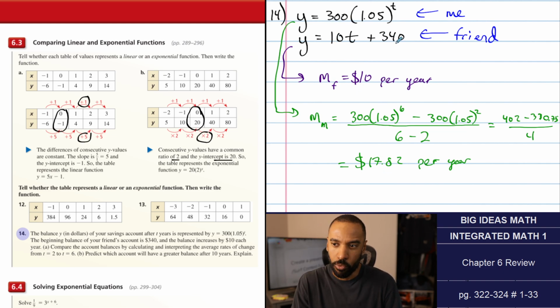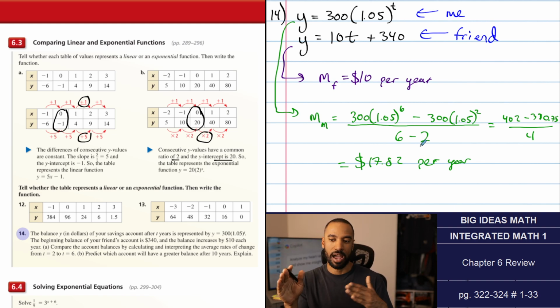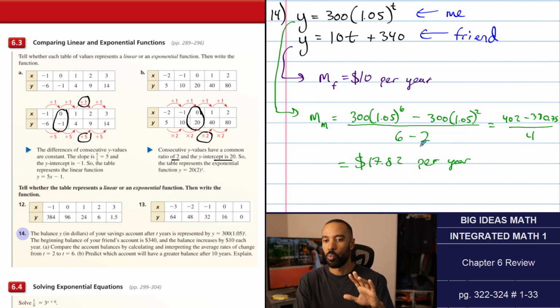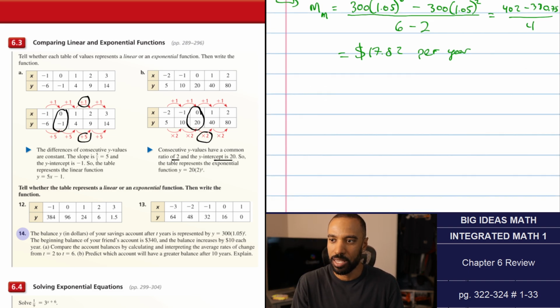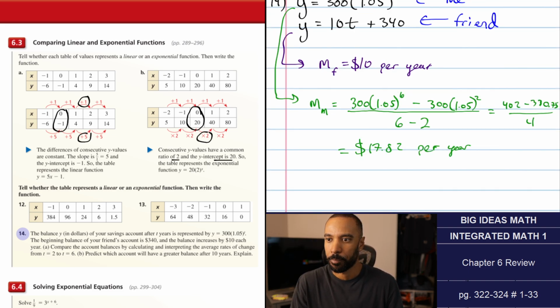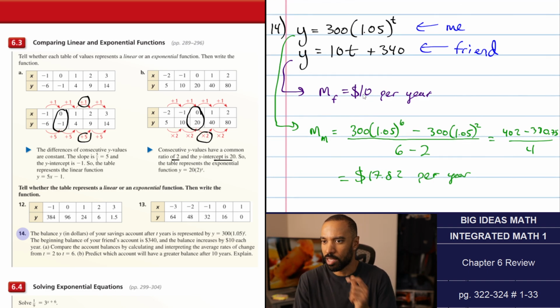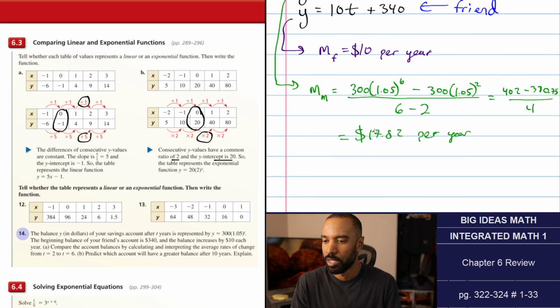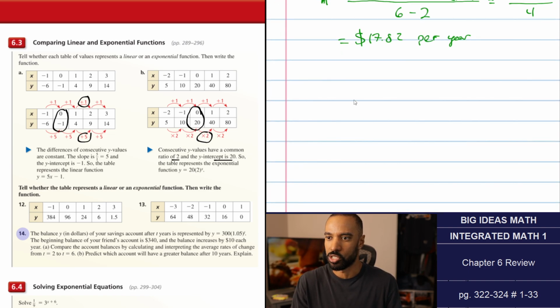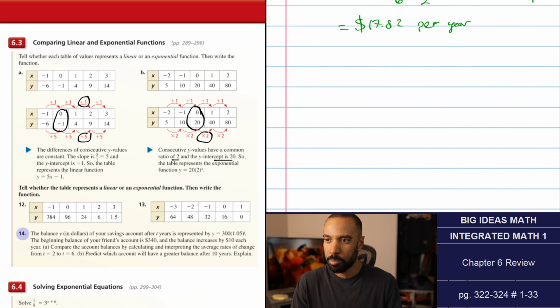Despite the fact that I start $40 less, I believe that even the $17.82 on average for the next 4 years doesn't quite offset the 40, but everything after that, I believe, will offset that 40. I probably have a little bit more after 6 years, even based on that average. So I believe that I will have more here. I'm just going to state that.